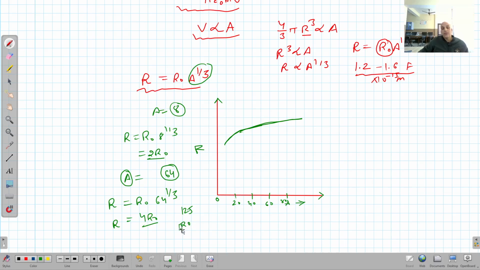So we can see from here that the radius increases very slowly with the increase in the mass number, right? And after attaining a value of around 10 raised to power minus 14 meter, it will nearly become constant, although it will increase according to this equation, but it will nearly become constant, we can say.